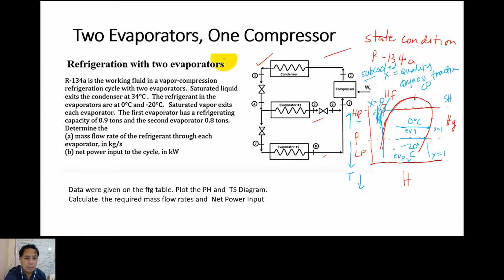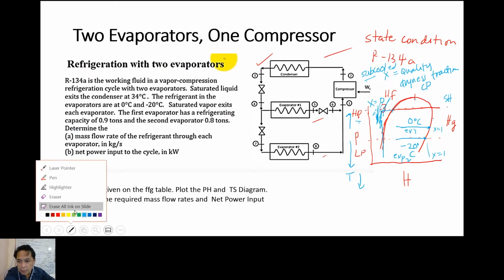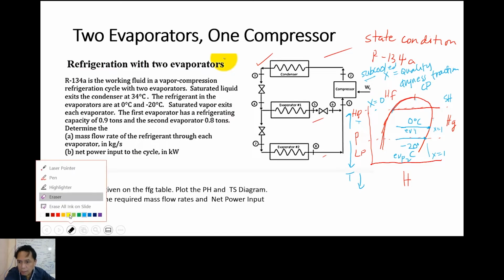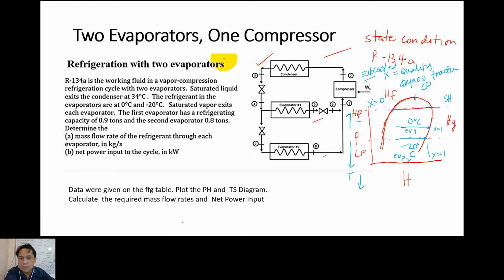But now we don't have that process of subcooling, so I will erase that and let me go back to our discussion. So we know that point 3 is on the saturated liquid line.